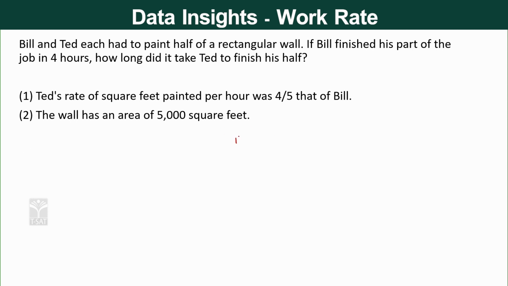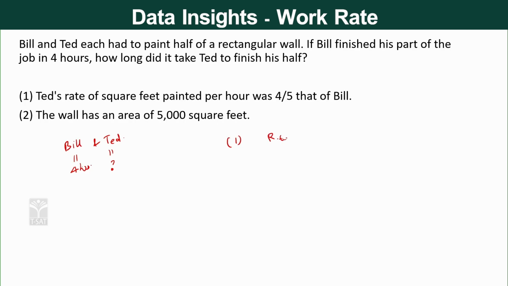So, the first statement is saying that there are 2 people, Bill and Ted. Bill finished his job in 4 hours. Now, we need to know how much time did Ted take. So, Ted's rate is 4/5 that of Bill.